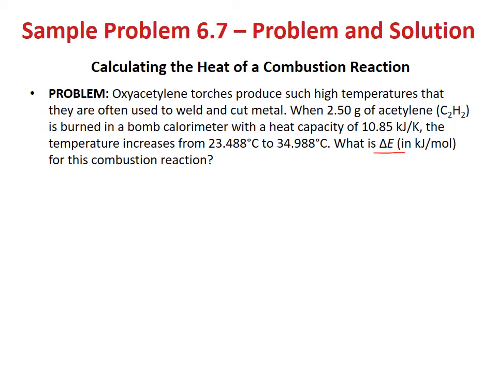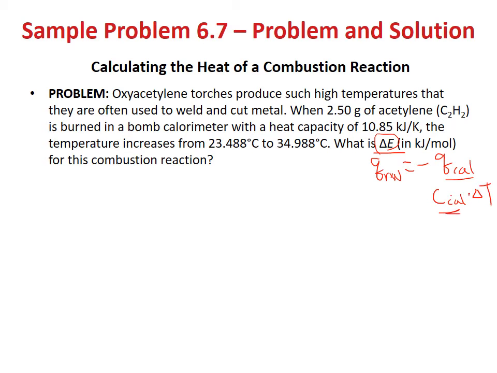As we explained in the last slide, for a bomb calorimeter, it's a constant volume process. Internal energy change is the heat of the reaction, and the heat of the reaction is the negative of the heat of the calorimeter. The calorimeter heat is calculated by the heat capacity of the calorimeter times the temperature change.